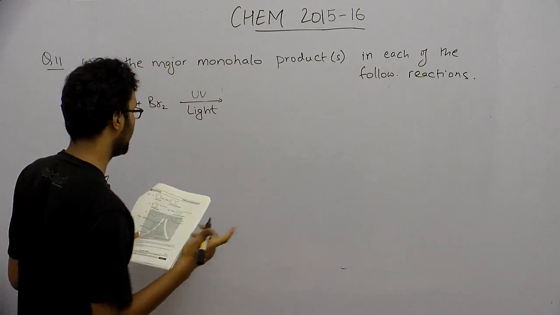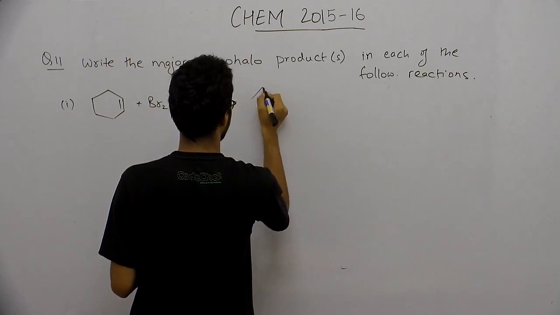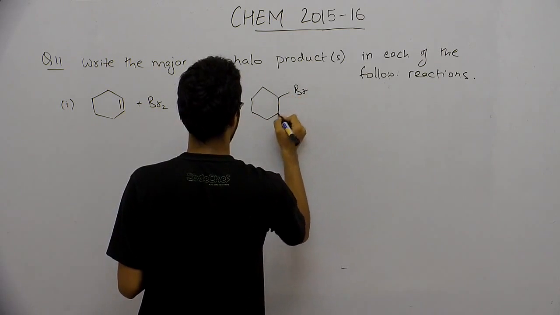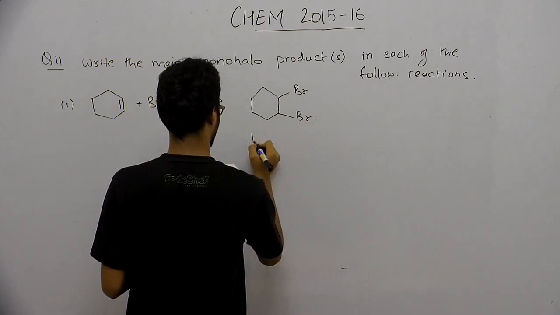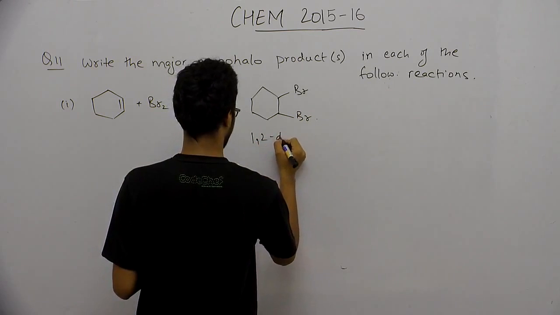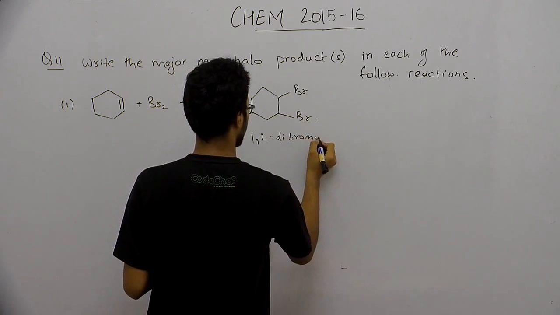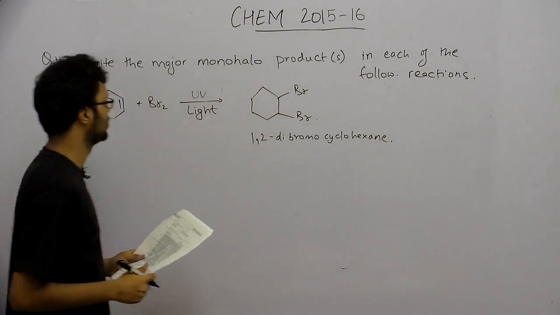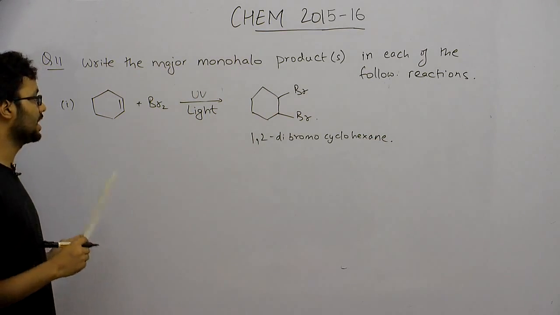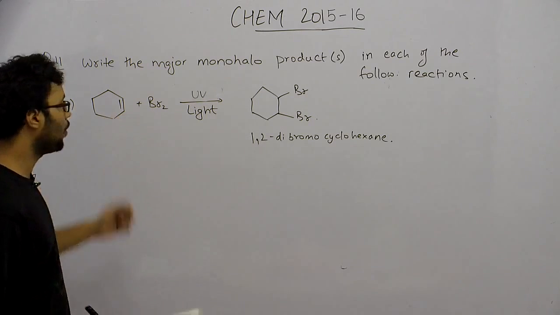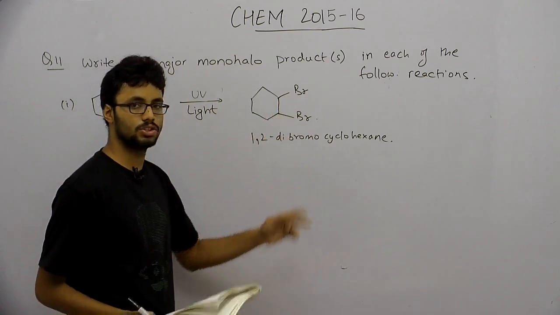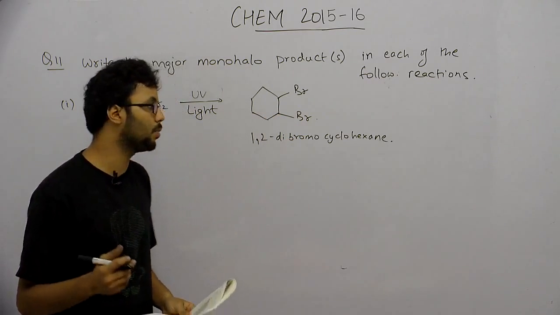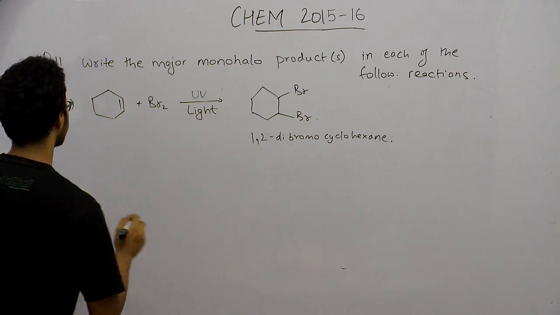So the main product is, when this is reacted with bromine in UV light, the double bond breaks and we get two bromine atoms, and the product is 1,2-dibromocyclohexane.